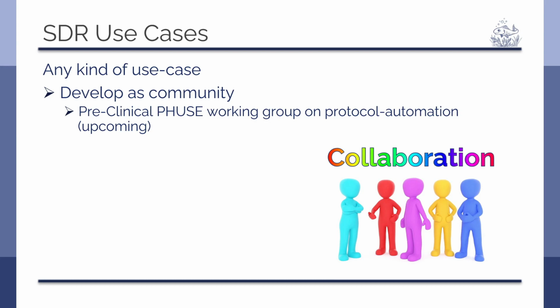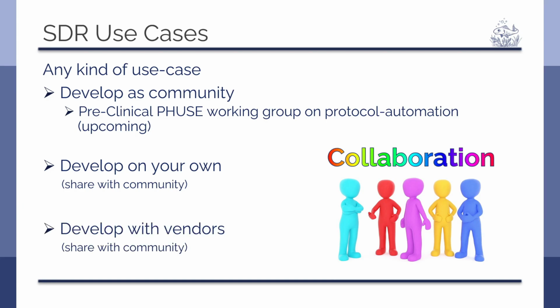And instead of having subjects, you can then enter your preclinical information. And you can develop your own things and ideally share it with the community, of course. But you can also develop things like workarounds with vendors. And even when you work with vendors, it's possible that you can share it with the community. You just have to make sure that you set up the contracts in a way that allows the vendors to share their experiences or their developments within the complete community.